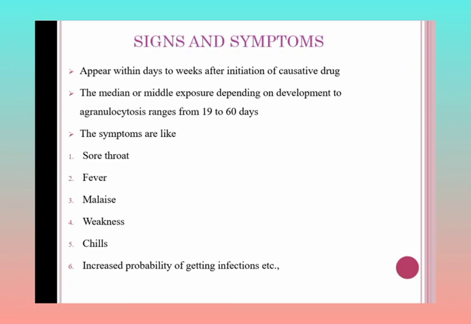Now coming to the signs and symptoms. The signs and symptoms will appear within days to weeks after the initiation of the causative drug, depending upon the exposure and the development of the agranulocytosis condition.